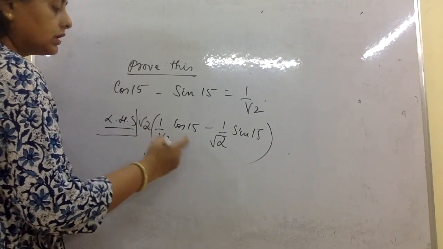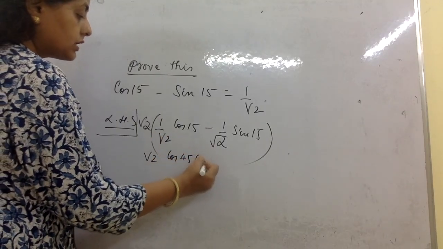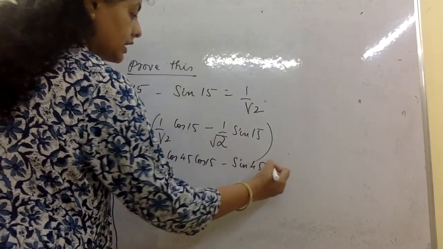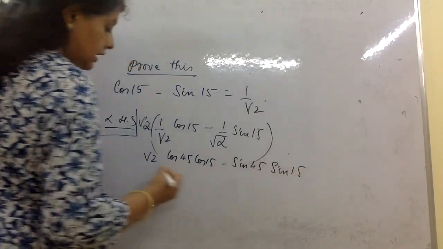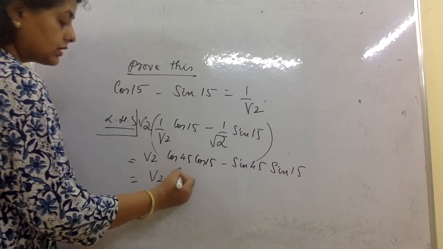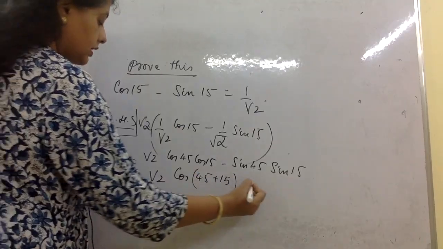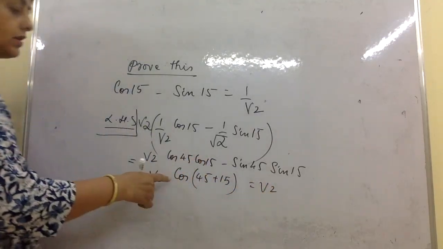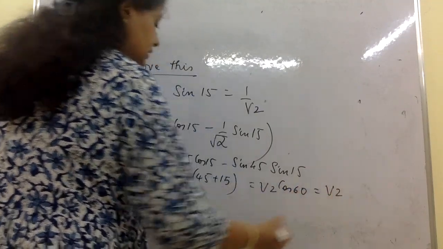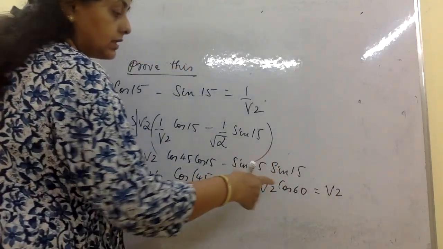Now can I write this as cos 45 cos 15 minus sine 45 sine 15, because that is the value of 1 by root 2? Now that is equal to root 2 times cos (45 plus 15), which is root 2 cos 60, and cos 60 is a half.